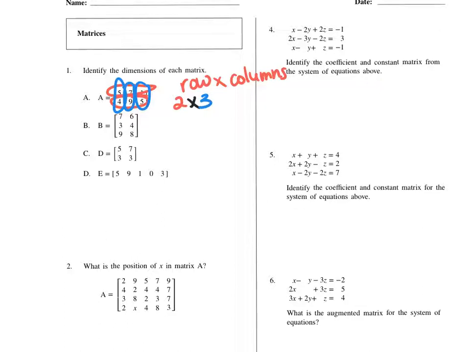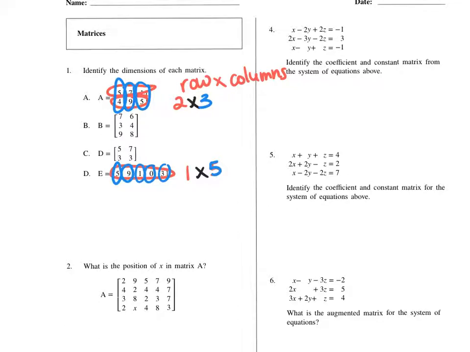Go down to matrix E. E has 1 row by 1, 2, 3, 4, 5. It is a 1 by 5. So I'll let you work the rest of those and try to figure those out.